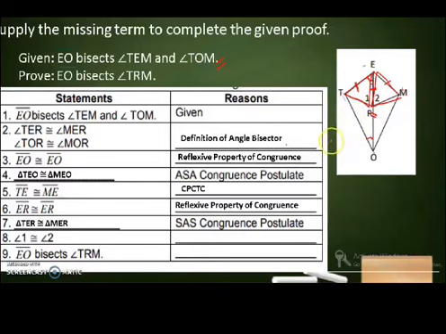SAS congruence postulate. Number 8, we have angle 1 is congruent to angle 2 by corresponding parts of congruent triangles. So we have proven now that EO bisects angle TRM by the definition of angle bisector.